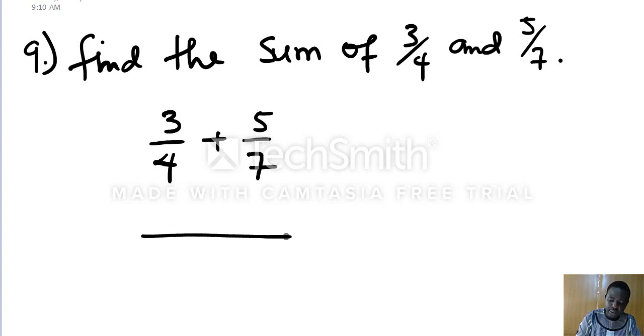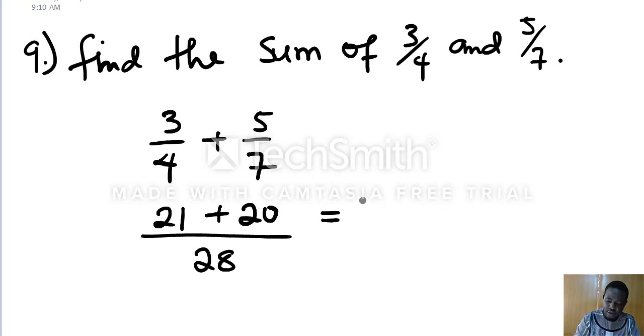So LCM, this is going to be 28, and 28 divided by 4 is 7. 7 times 3 will give you 21, plus 28 divided by 7 is 4. 4 times 5 is 20.